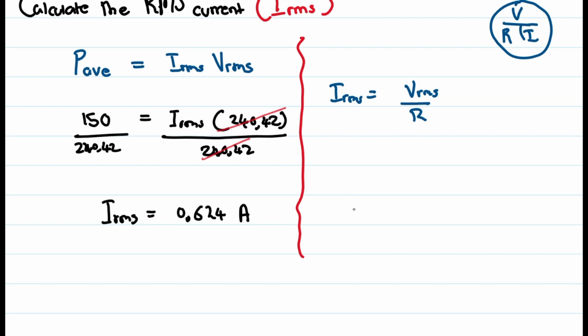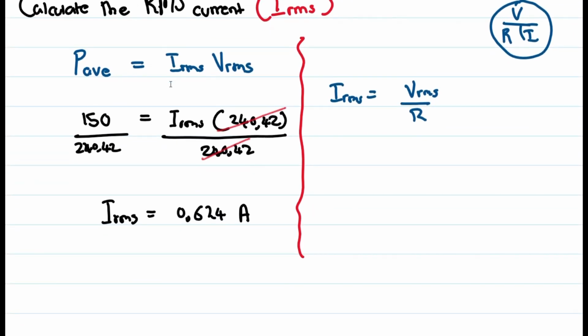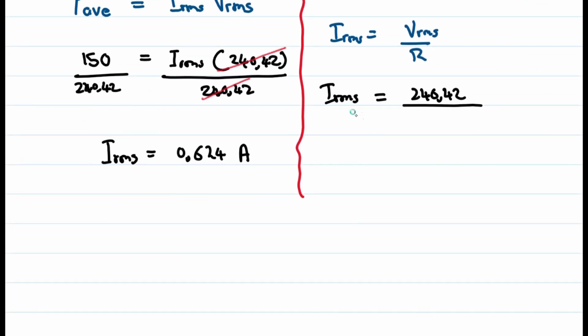Previously we found the VRMS, which is 240.42. So IRMS is equal to 240.42 divided by the resistance. We found the resistance previously, which is 385.3.